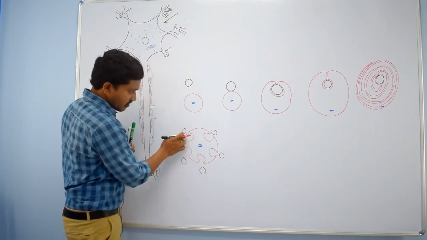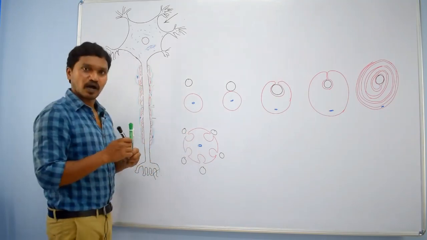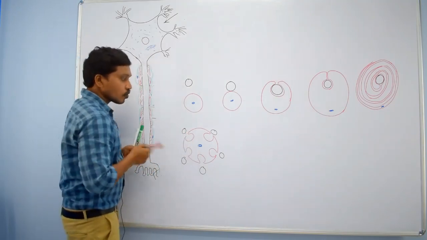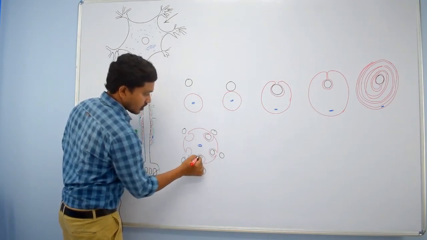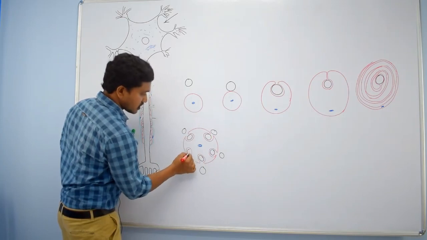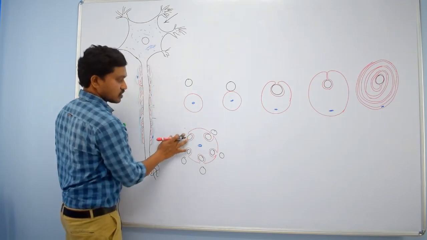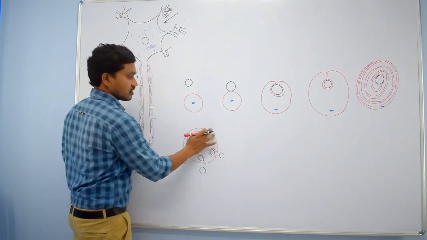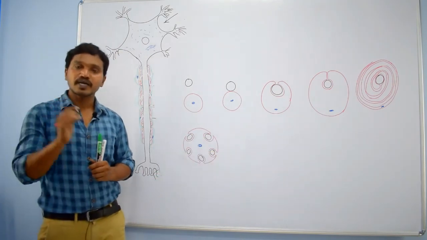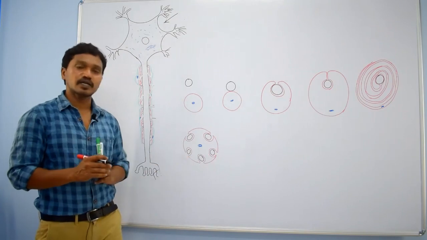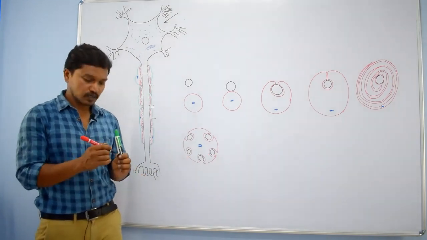So these are invaginated into it and form only a neurolemmal sheath around them. Only neurolemmal sheath around these axons, but there is no myelin sheath. So these type of nerve fibers, what we call unmyelinated nerve fibers. Clear?